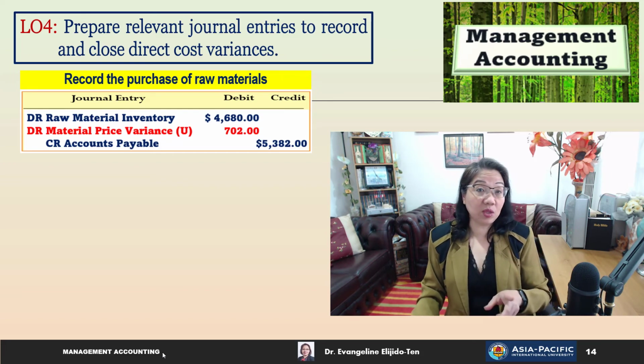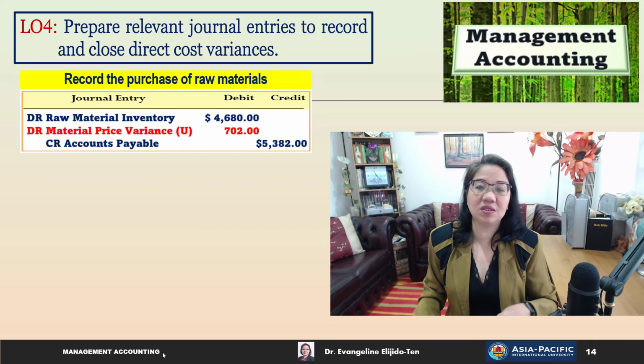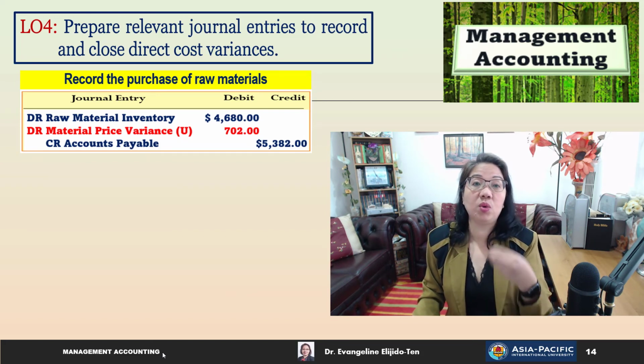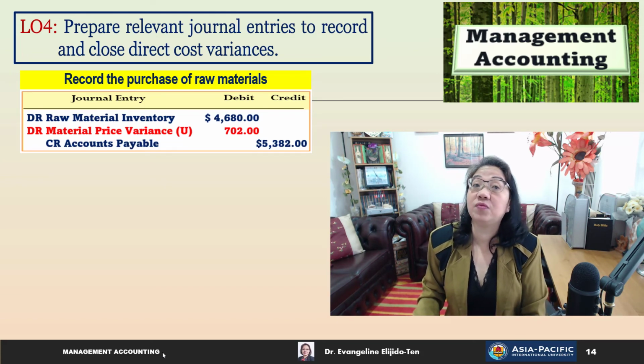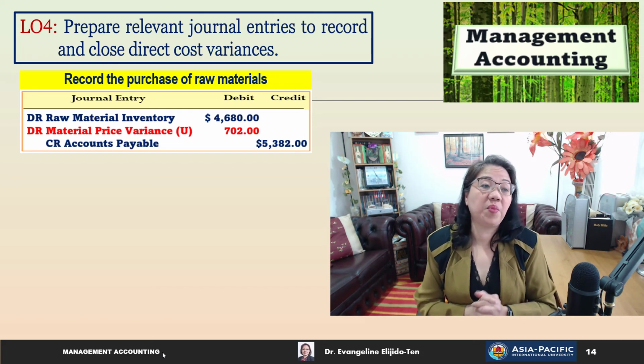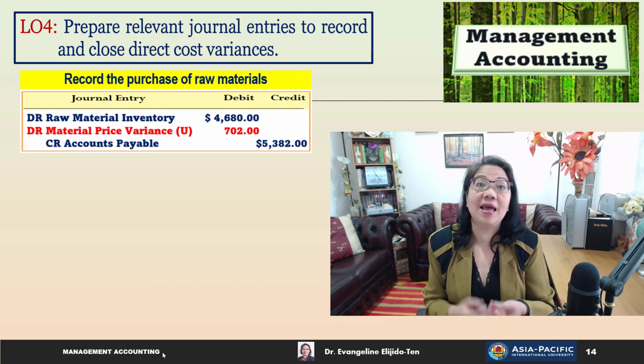Remember that we have an unfavorable material price variance. Whenever there is an unfavorable variance, we will debit that. So we'll debit material price variance for $702, and our credit would be to accounts payable at $5,382. Accounts payable will be credited for the actual quantity at the actual price.